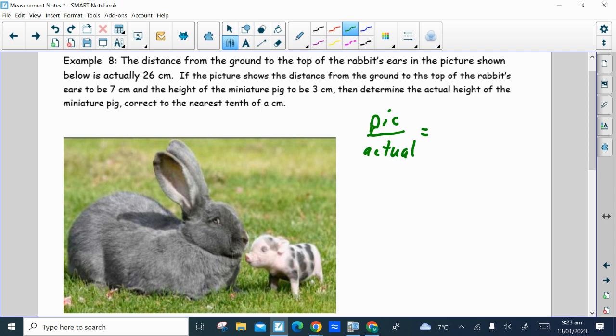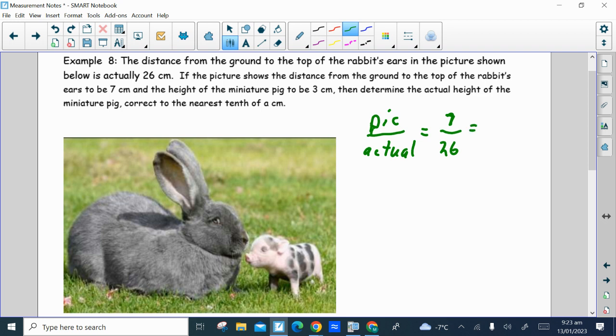We'll start with the fact that in the picture, the height of the rabbit's ears is 7 centimeters, whereas the actual height is 26. So this establishes our ratio, our scale factor if you want. What is the scale factor between the dimension on the picture to the dimension that's actually there?